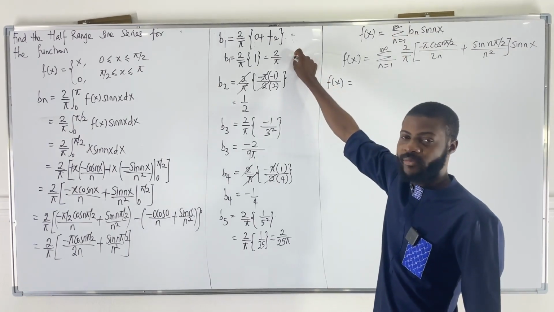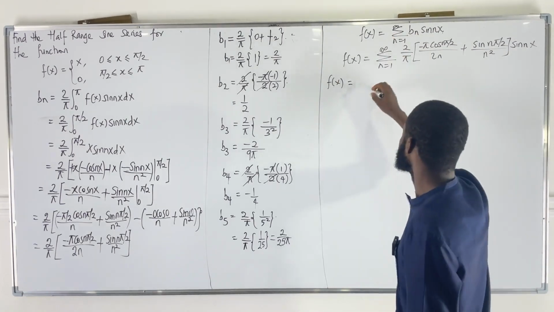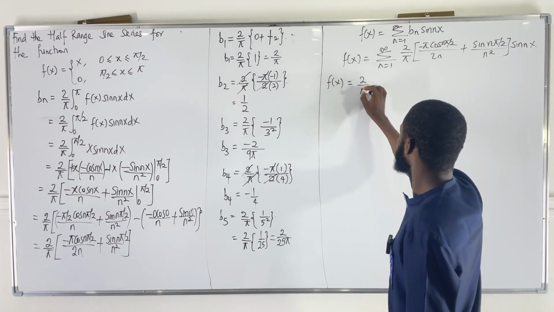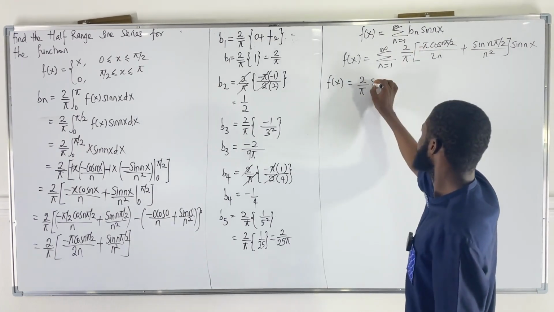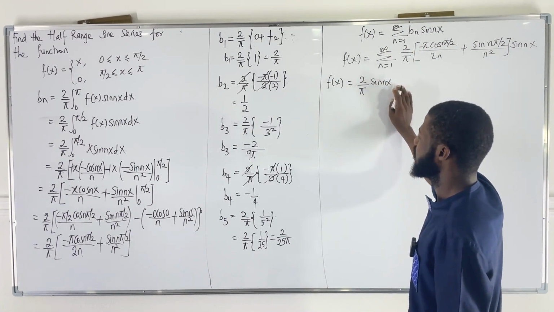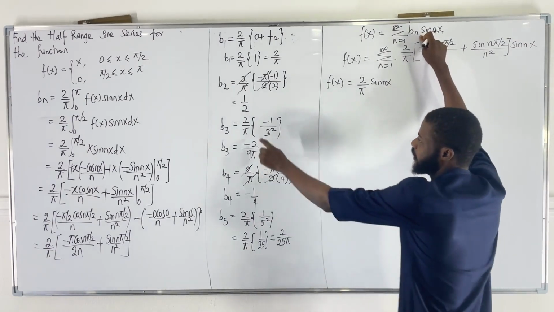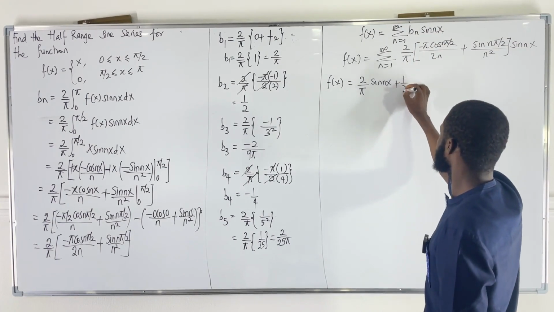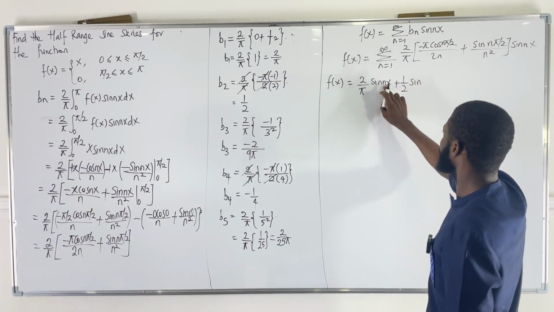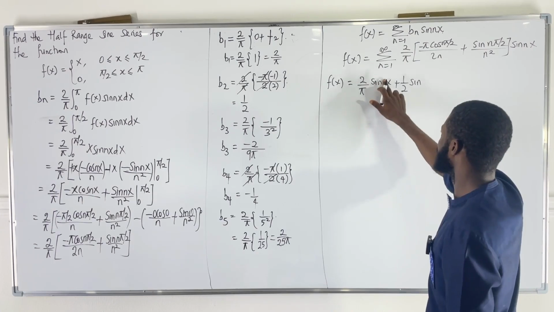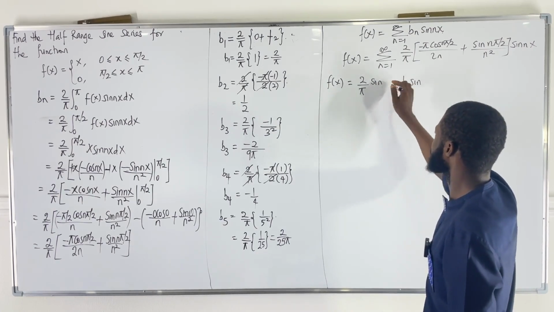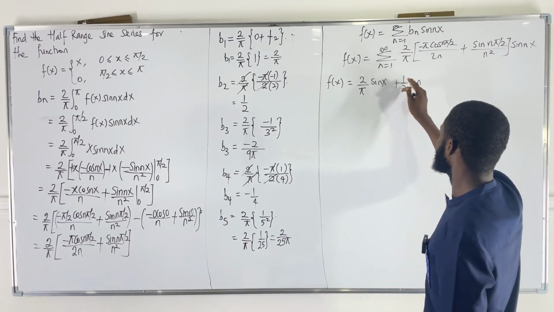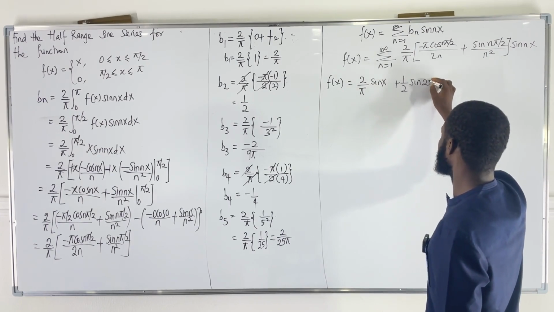So this is 2 over pi sine nx, where n is 1, so that will be just x. Then the next value for bn is 1 over 2, so this will be plus 1 over 2 sine 2x.